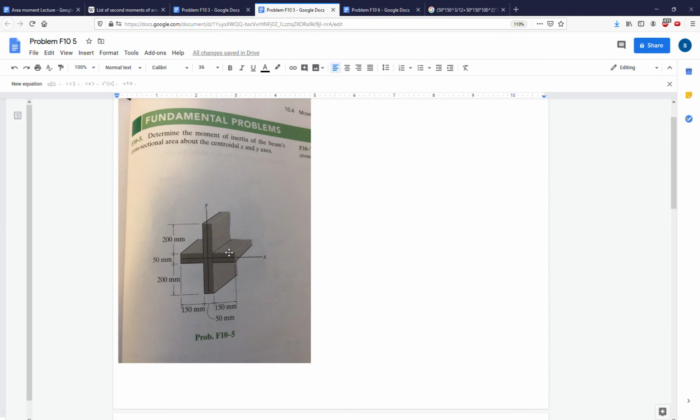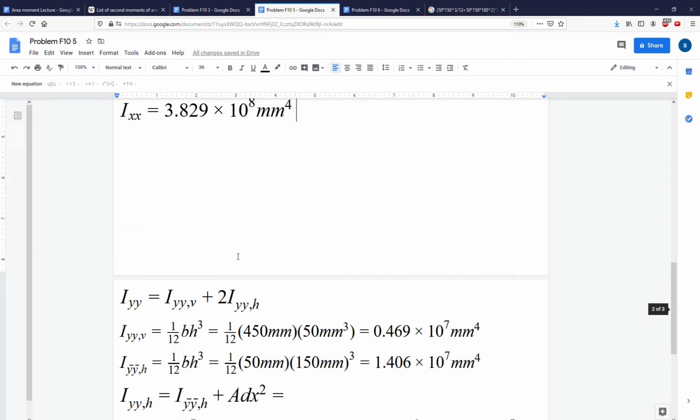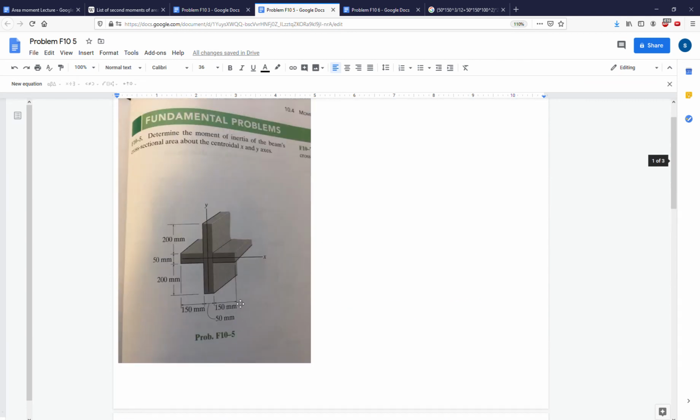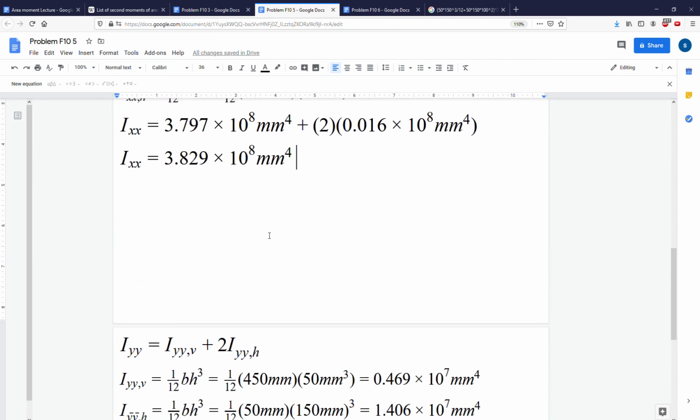Now for this chunk right here, this horizontal piece, I have to be careful. I can find its moment of inertia about its centroid using 1/12 bh cubed. But the centroid of this rectangle does not go through the y-axis, so I also need to figure out how far away the centroid is from the y-axis. So first things first, what is the moment of inertia about the centroid?